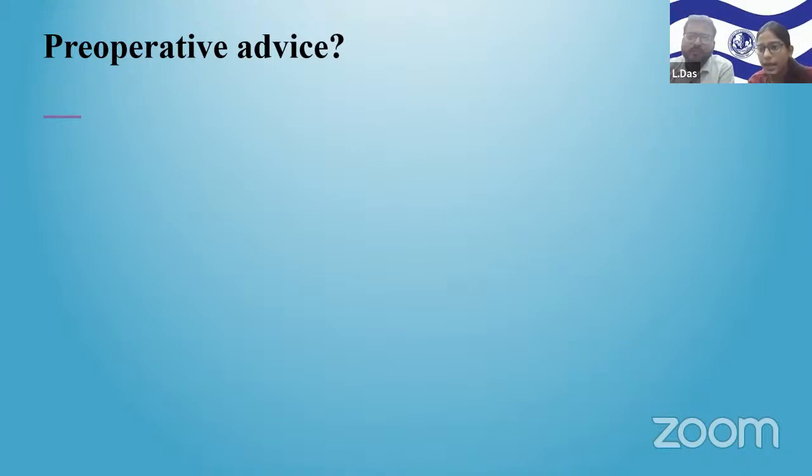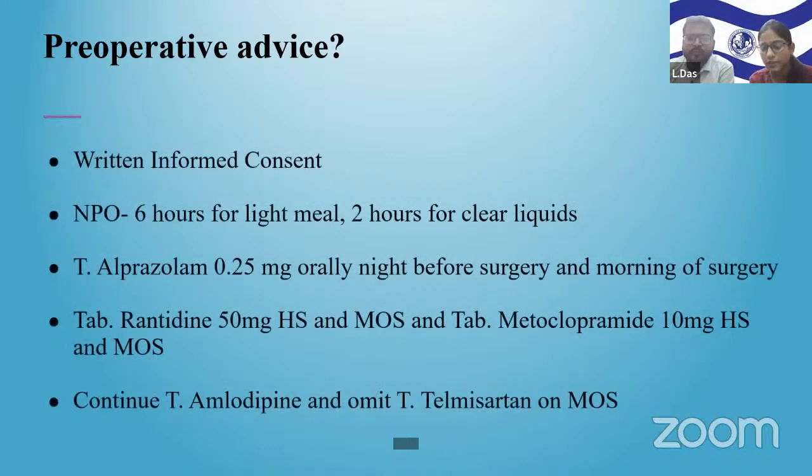I'll give tablet alprazolam 0.25 mg the night before surgery and on the morning of surgery. I'll ask the patient to continue tablet amlodipine and omit tablet telmisartan. I'll give anti-aspiration prophylaxis with tablet ranitidine 50 mg the night before and on the morning of surgery, along with tablet metoclopramide 10 mg the night before and on the morning of surgery.